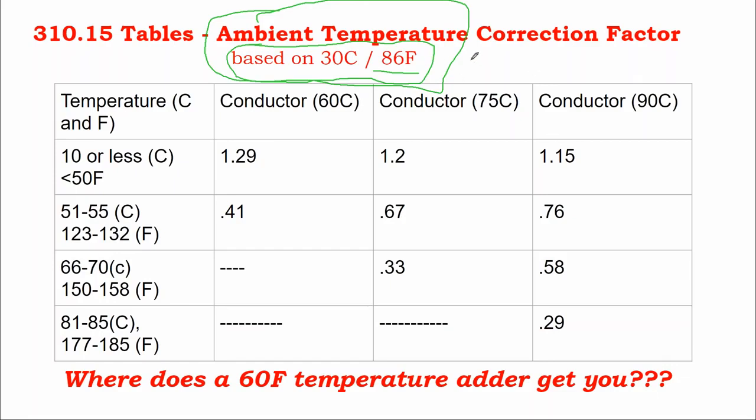And if you do all of your calculations based off the chart that's at 86 degrees Fahrenheit, whenever you go into other tables that have to do with other kinds of ampacity derating, you might get different temperature ratings. You need to make sure you look up in that title and make sure your temperature is matching.